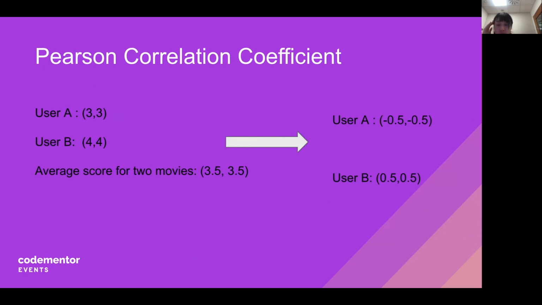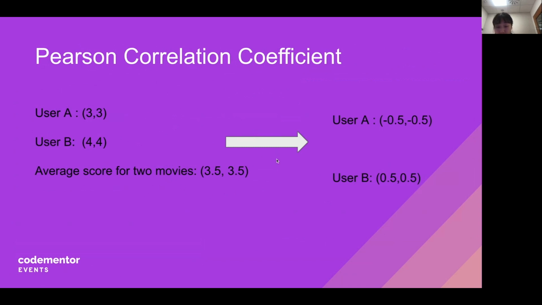There's also another way to employ Pearson correlation coefficient. Instead of using calibration on the user side, we could use it on the item side. Let us assume user A provides a rating of 3, 3 and user B a rating of 4, 4. We have, let's say, 1,000 users who rated these two movies, and the average score for both movies is 3.5.